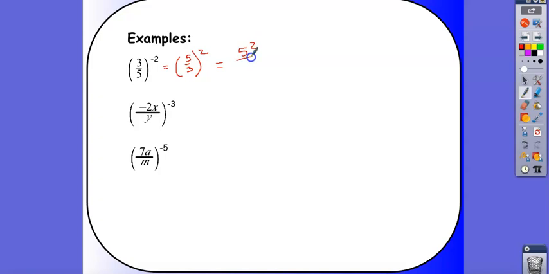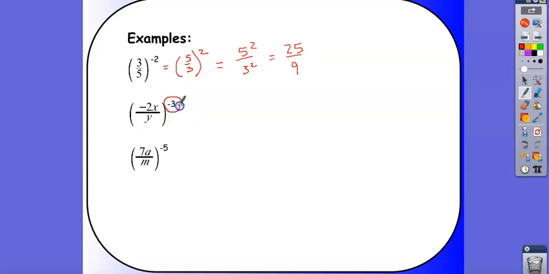Then I have 5 squared over 3 squared, 25 over 9. Do you see that? I took the reciprocal. It's really, I'm doing the upstairs downstairs rule with that negative 2. Put the 5 upstairs, the 3 downstairs, make it a positive 2. Okay, that's one way of doing it. On this one, I do it that way every time.